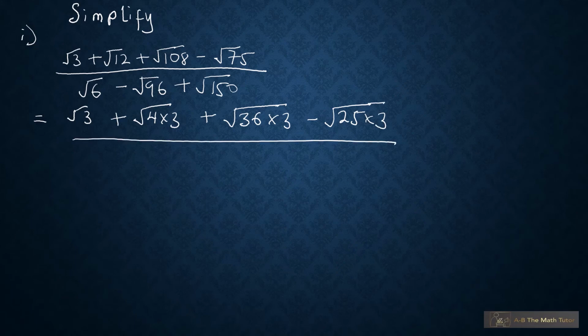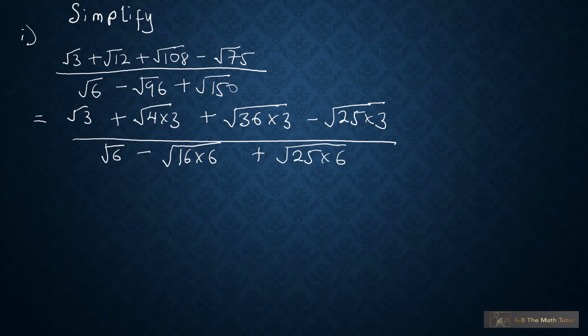And then we have the denominator, root 6 minus root 96, which can be written as 16 times 6 under the square root, then plus root 150, which can be written as 25 times 6.